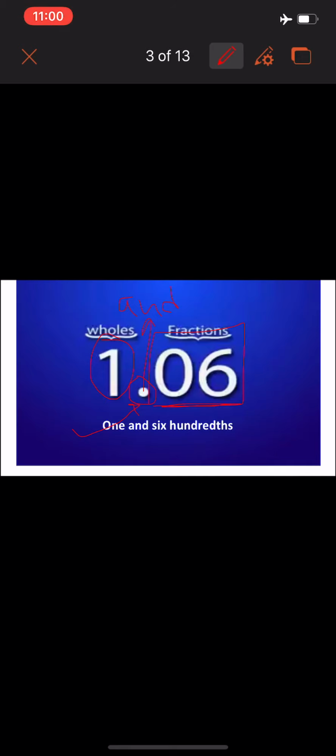But where is it? Let's remember the first digit is the tenths and the other digit is the hundredths, right? Because the 6 here is sitting on the hundredths, so what's its name? 6 hundredths. So how do I read it again? 1 and 6 hundredths, right?